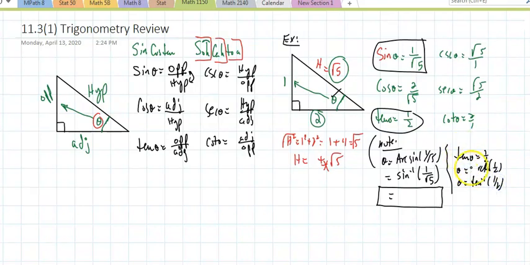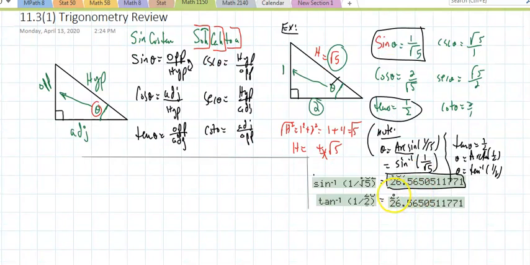HP calculators use arc, TIs use inverse, and you notice when I plug in my calculator, they're roughly 26.6 degrees each. You can't get it wrong. So I could use any of those three, sine, cosine, or tangent, to figure out the angle by using any combination.